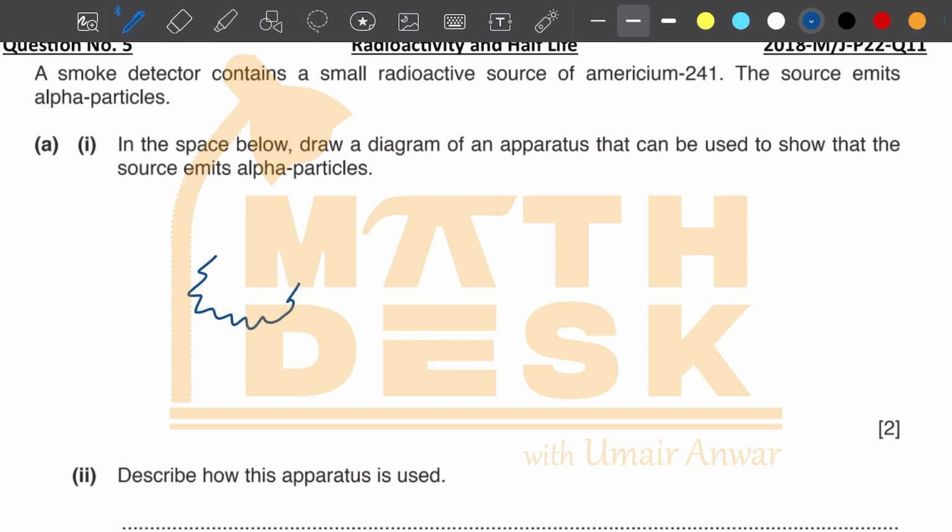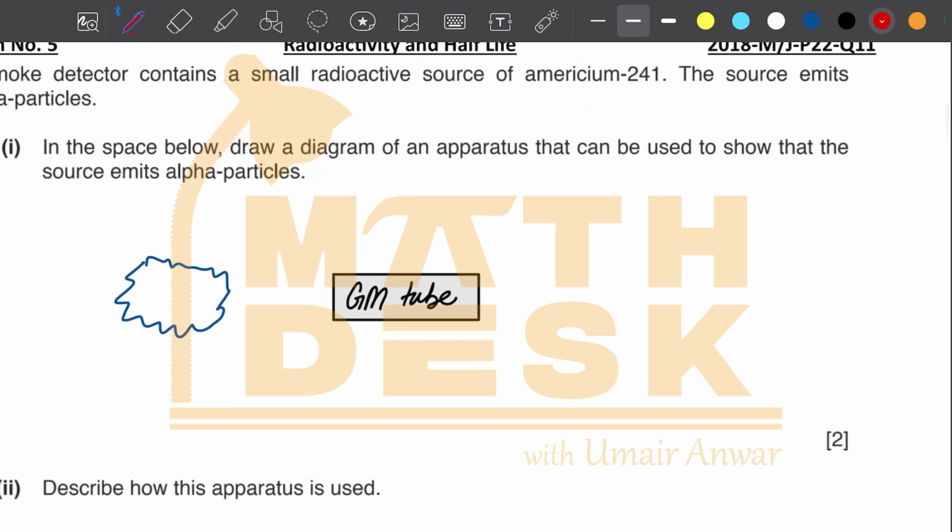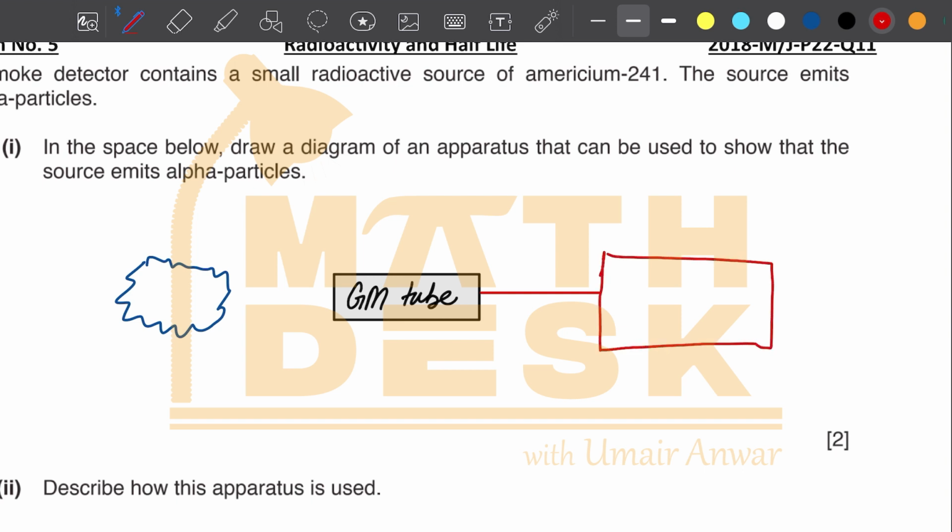For example, we have this source, and we want to detect whether it is emitting alpha particles or not. So we could place a detector in front of this source, and this detector could be the GM tube, the most convenient one, and this GM tube would be connected to a rate meter on the other end, which would be showing us how much count rate it is detecting.